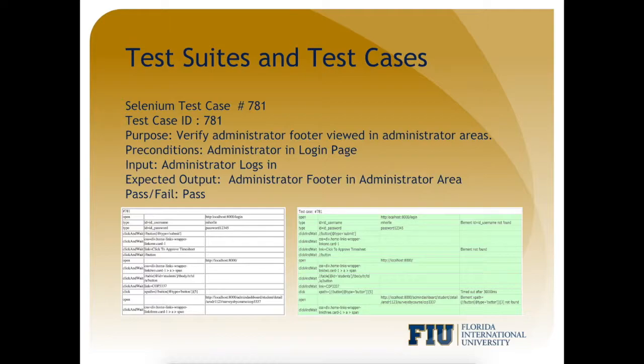We also tested the new features that were added using Selenium to determine two things: that the correct information was being loaded, and at the same time that only certain users were able to see certain information.